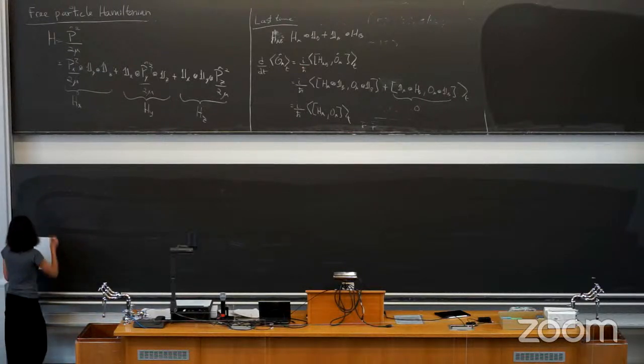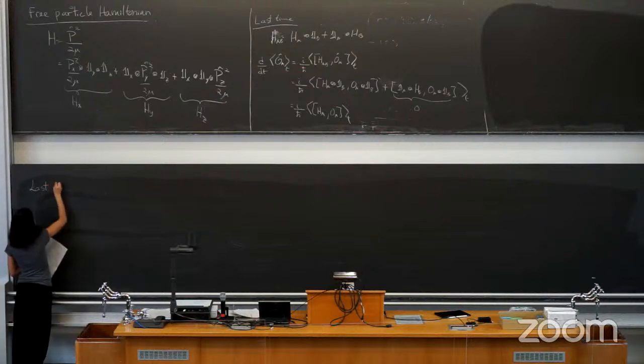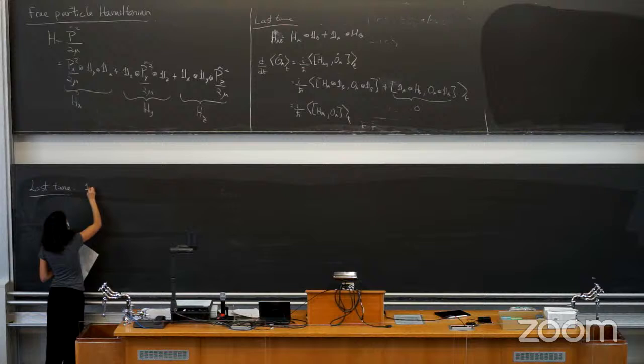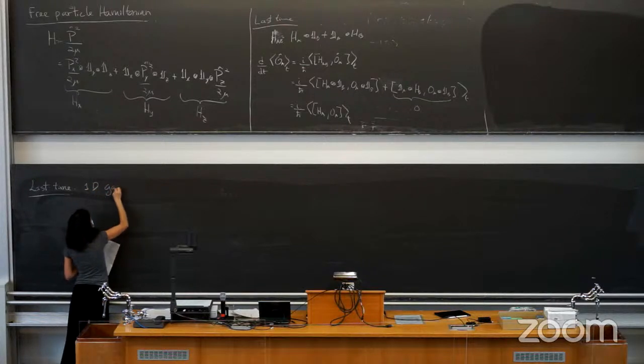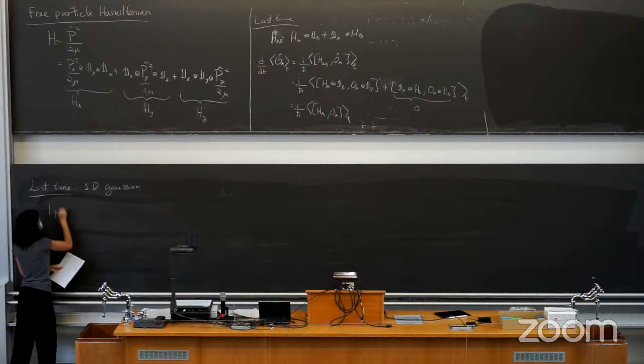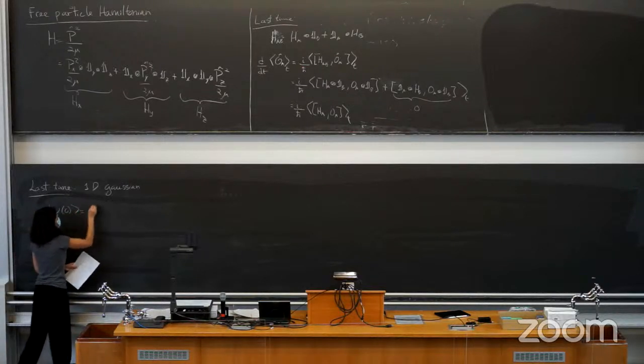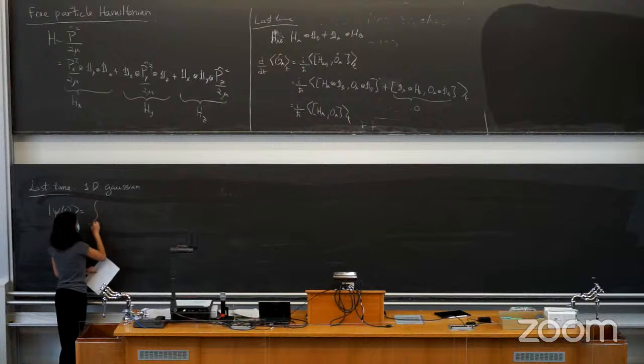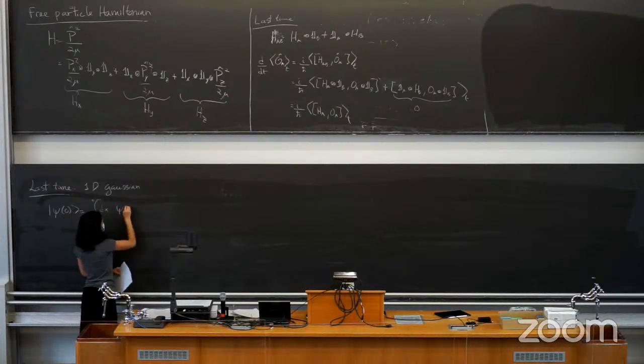So last time we talked about 1D Gaussian wave functions. This is when the initial wave function, so the initial state, you can always expand it in x at time equals 0.